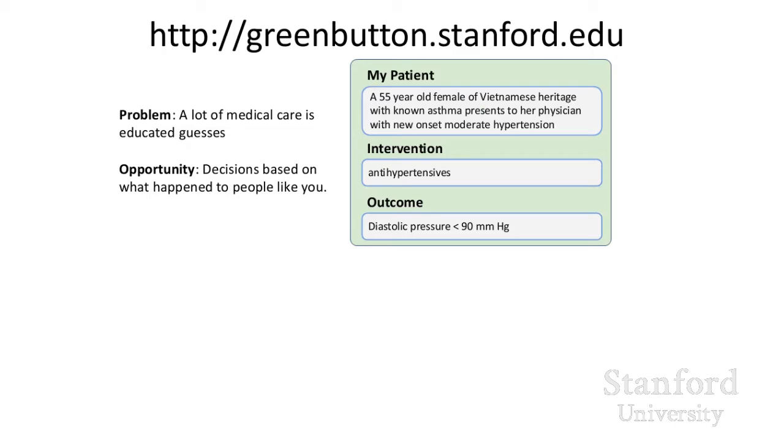And then the outcome is also pretty clear, that you want to get the blood pressure to be under 90. Wikipedia could tell you that. The question is which intervention to use, which antihypertensive to use. And there's no clinical guideline that's available because nobody tested Vietnamese heritage women in terms of their drug response, and definitely not ones with asthma.